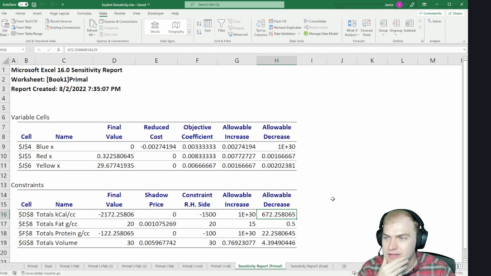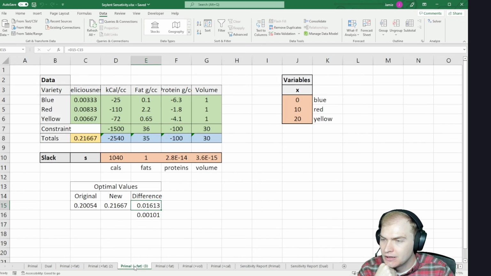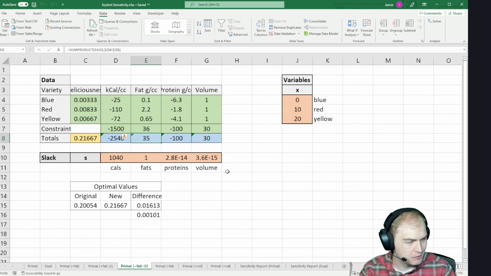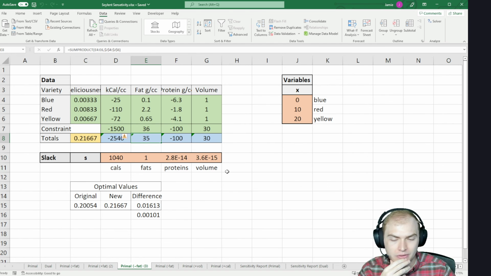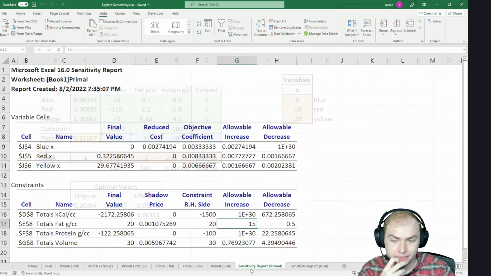So let's look back at this sensitivity report. The allowable increase here was 15 for the fats. Remember, I bumped it up to 15 over what we had. And then when I bumped it up to 16, we were in a different basis, and the shadow price no longer held.